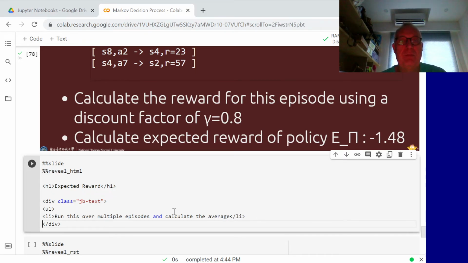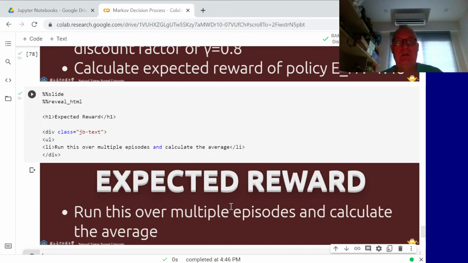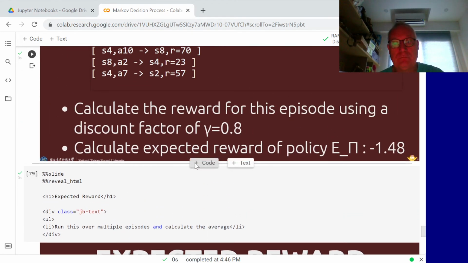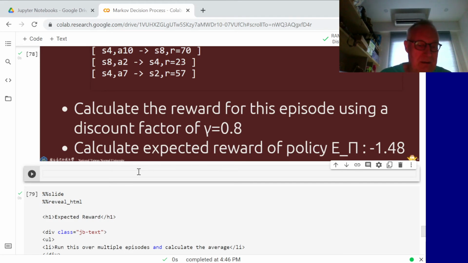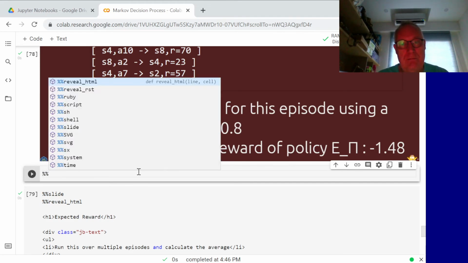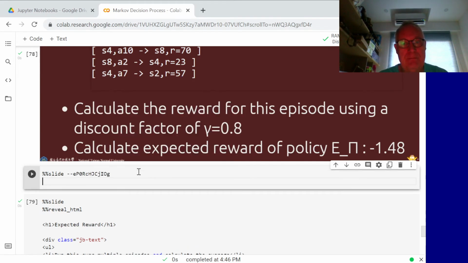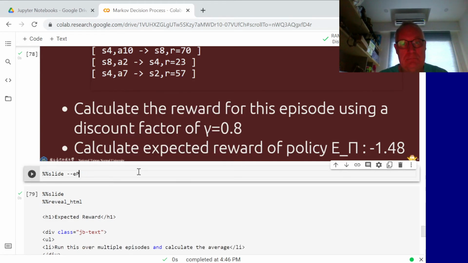yeah, we have to deal with the expected reward. Let me just finish that slide. We have to deal with the expected reward because we run this over multiple episodes. So we try the same policy over and over again, and then we see what result we get. And here, just to make sure, what is this?